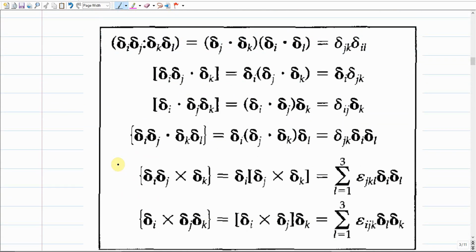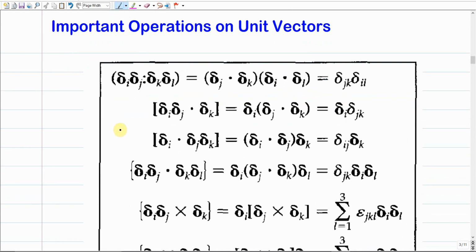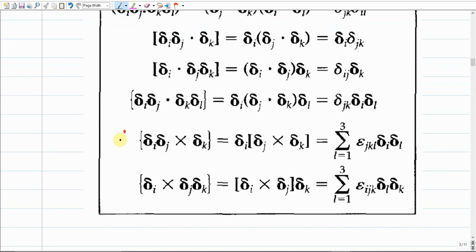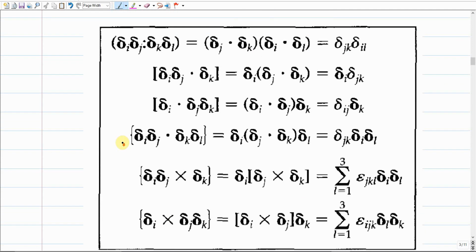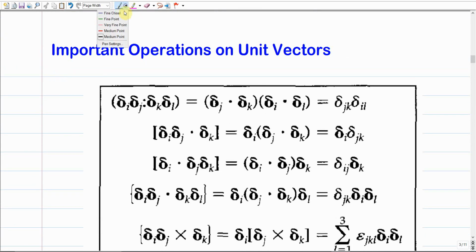Yes, and this will introduce us to the tensor concept, right? So now let us move to some important operations over unit vectors. Let us start here, and I'm going to add the two operations that we discussed before.